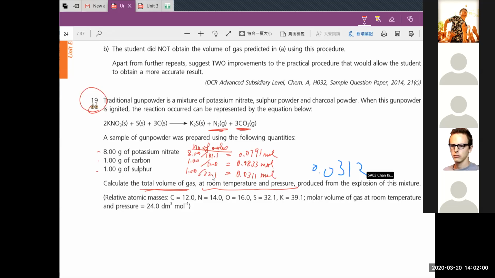So what is that? So you may get that too. Any idea about the terms limiting or in excess? Which one is limiting? Which one is in excess?